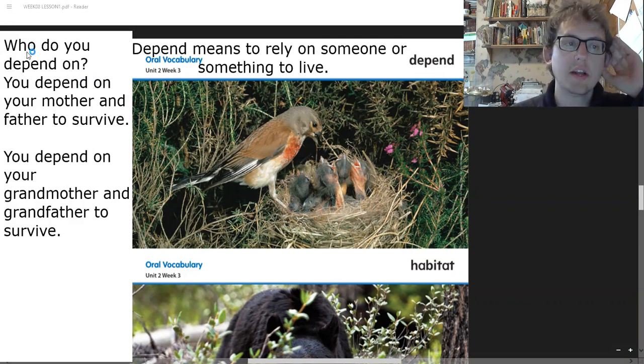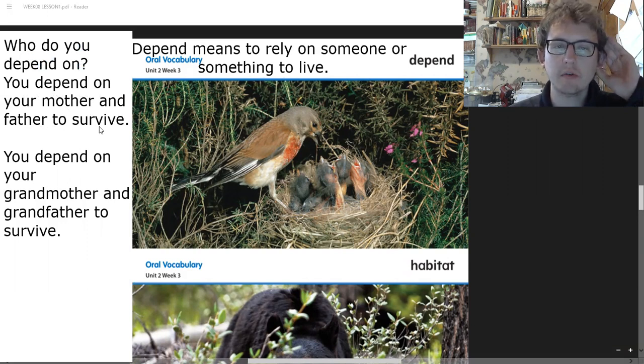So now the question is, who do you depend on? You depend on your mother and father to survive. Or maybe you depend on both. You depend on your grandmother and grandfather to survive, right?